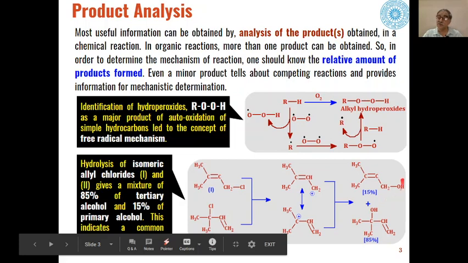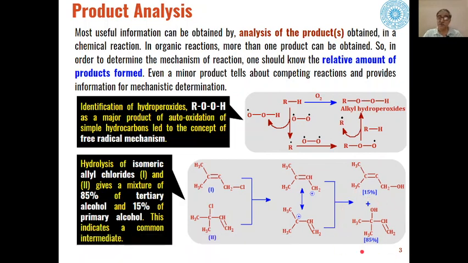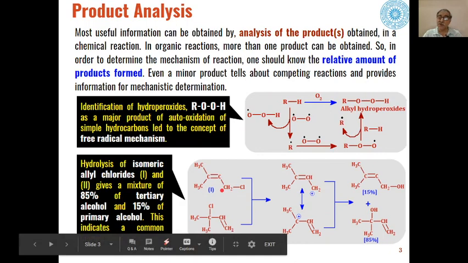That is, 15% of the product formed is primary, and 85% of the product formed is tertiary, whether we use the primary reactant or the tertiary reactant.